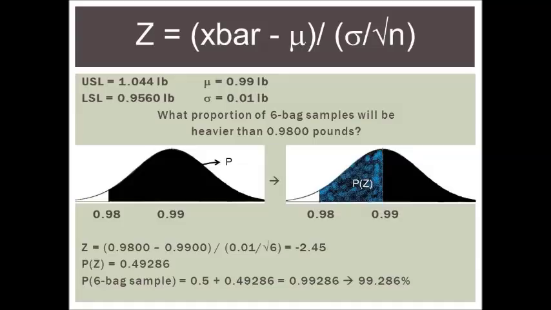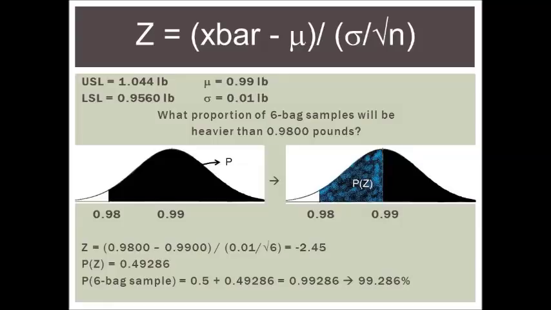Well, to find this answer, we do not subtract from 0.5, we add 0.5. So you see, if we have that blue shaded region, which is the probability associated with z of 0.49286, and we're looking for the overall black region, well, the entire other half of the curve is 0.5.